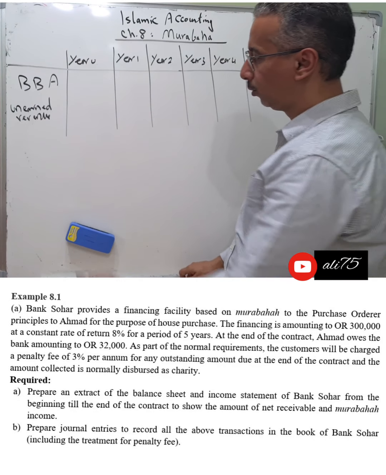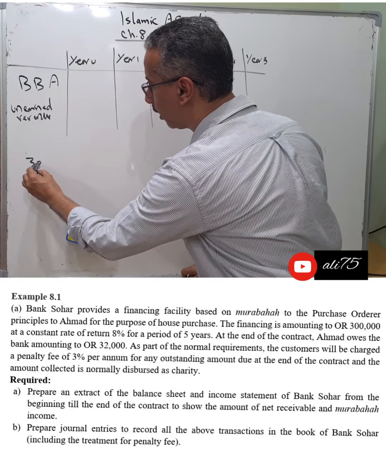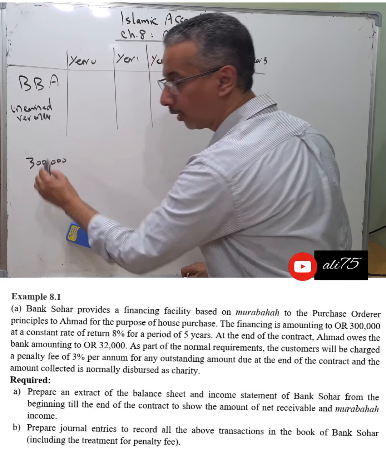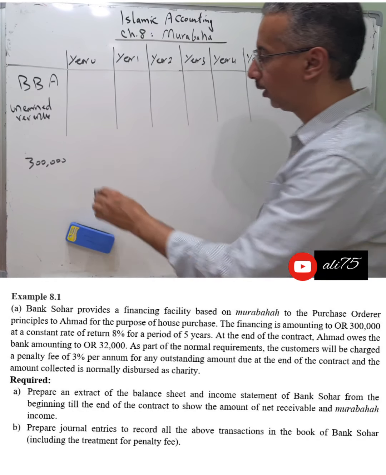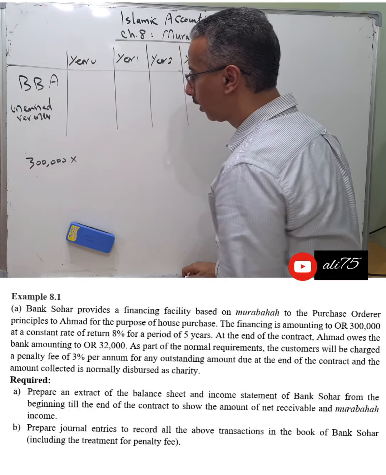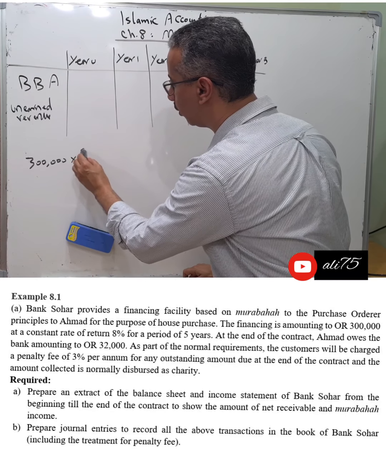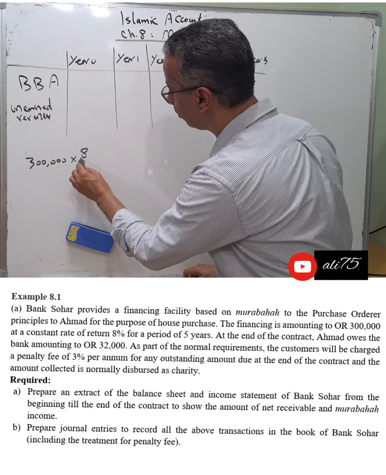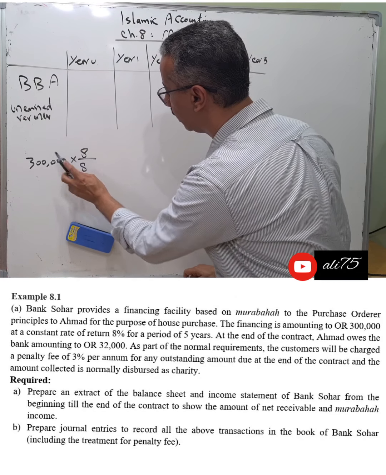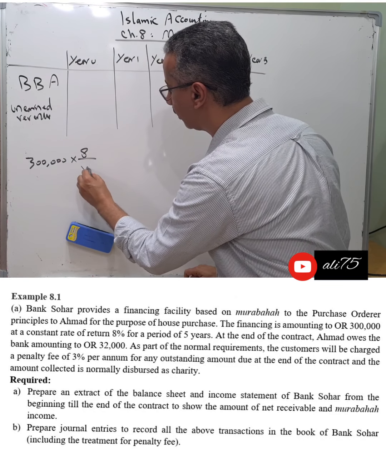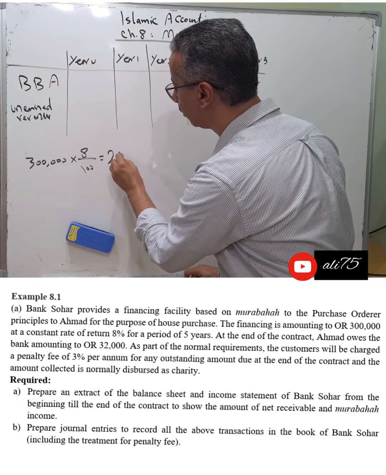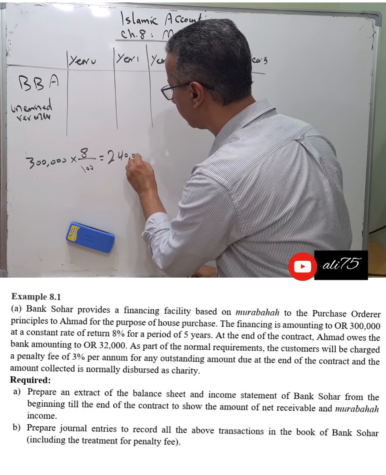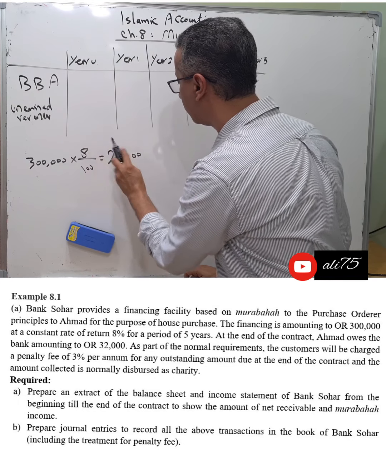How will we find it? We have 300,000 that is paid by the bank, and the bank will add profit or mark-up of 8%. 8% is 24,000 per year.